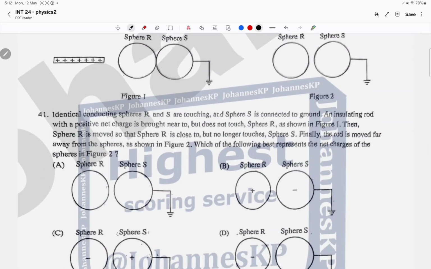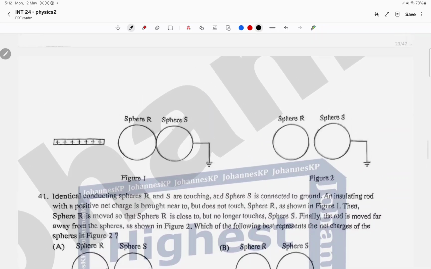Question 41. This positive rod will cause the negative charges from both spheres to be here, right? This one will be positive. But what's happening is we're connected to the ground, and the ground has lots of free electrons. So it will also move up here to make this neutral.